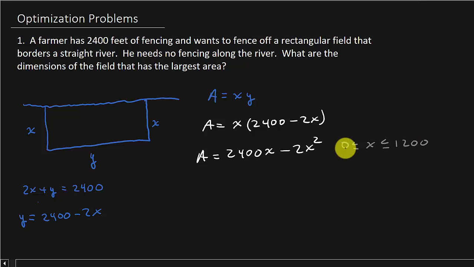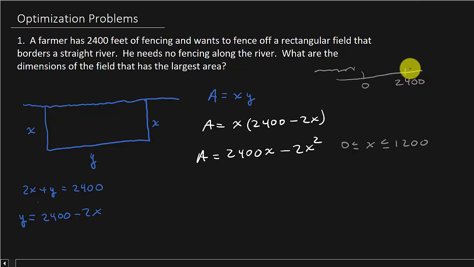Well, x can't be less than 0. So if I have a number line up here and I have these two values here, I know I can't be over here because that would mean the side would be negative, and we can't have that.